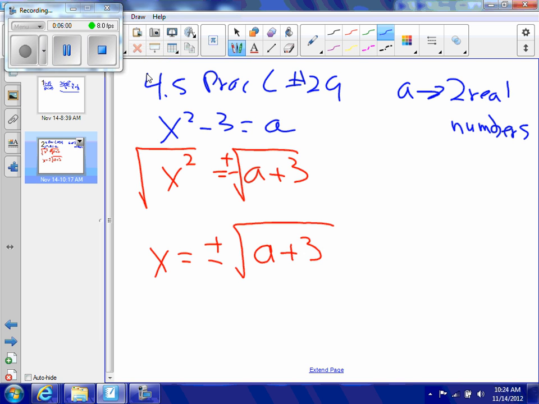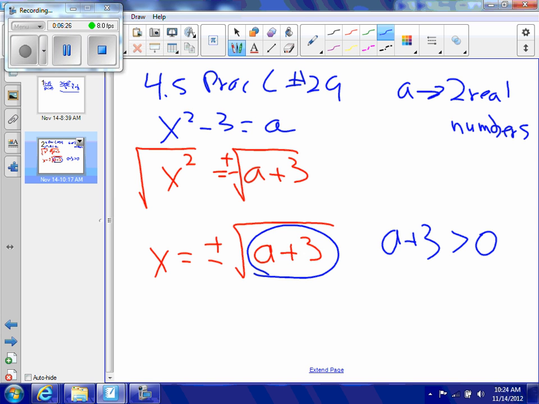So here's how I would figure it out algebraically. I want a plus 3 to be greater than 0. If it's less than 0, I'm in trouble. If a plus 3 is less than 0, I have a negative number under my radical sign, so it's imaginary. Is everybody with me with that?